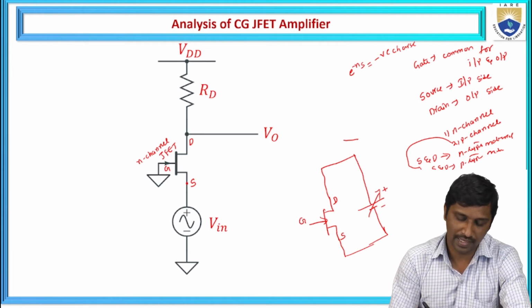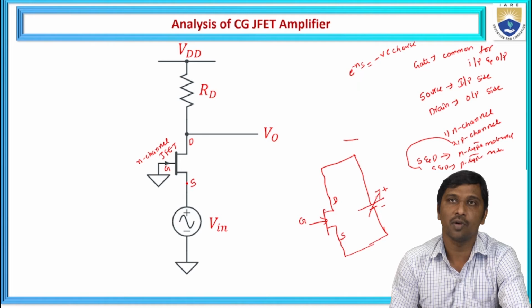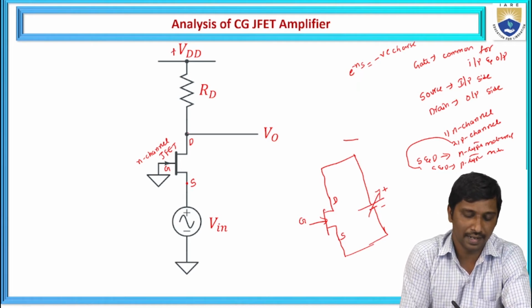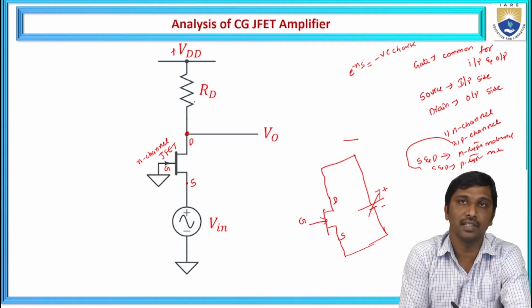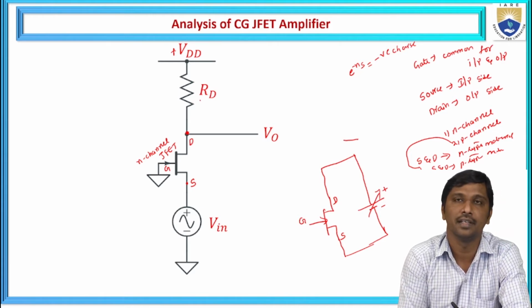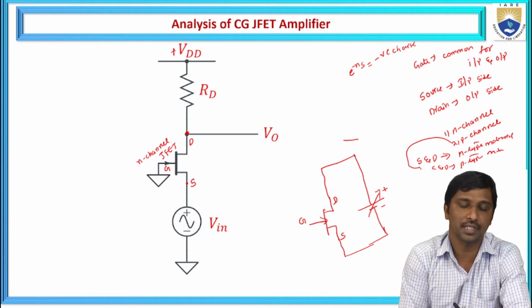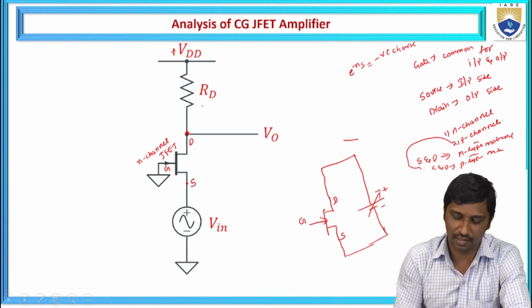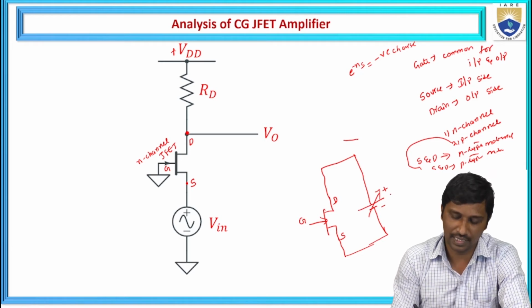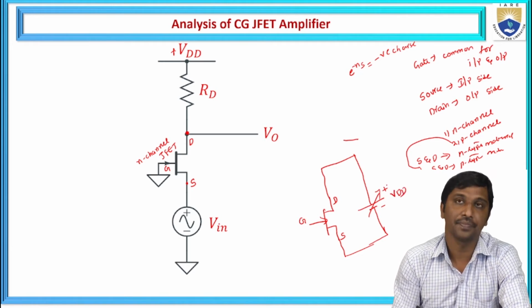The drain terminal is biased through an external resistance, also called the load resistance or output resistance, connected to the positive pole of the battery. That biasing voltage is represented as VDD.